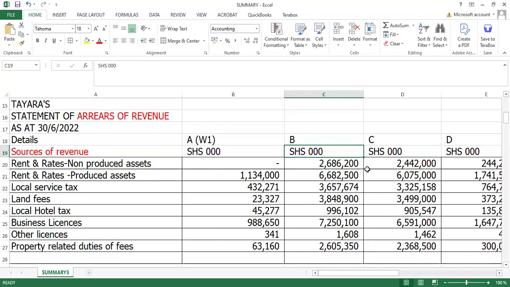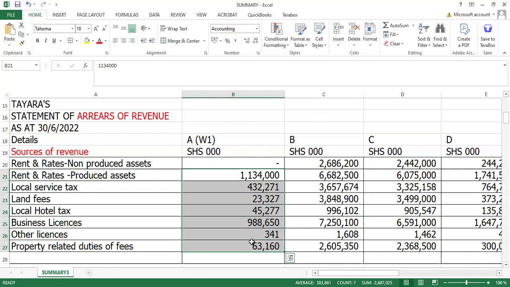There is another column for what the entity collected specifically on the opening balance, out of what we had as outstanding. Not mixing the one we invoiced during the year and collected.